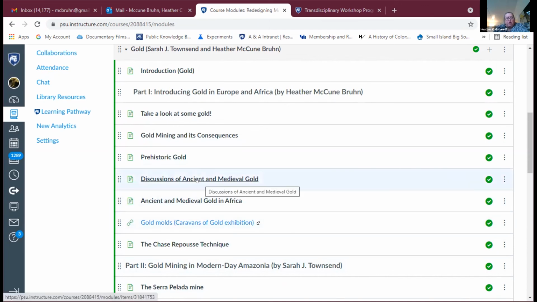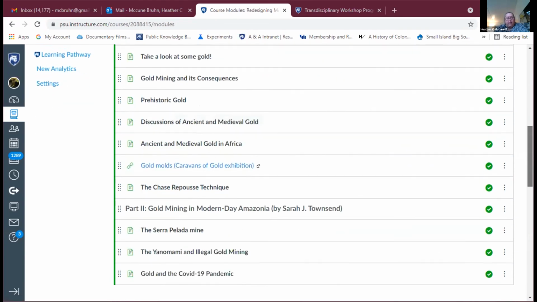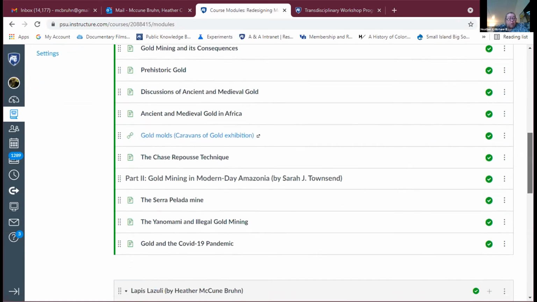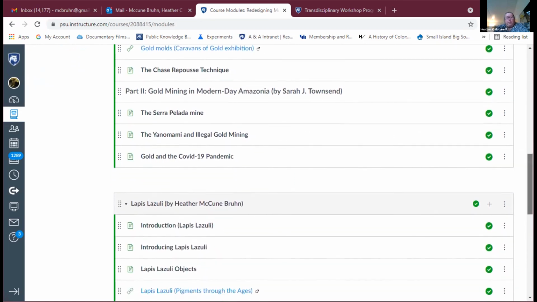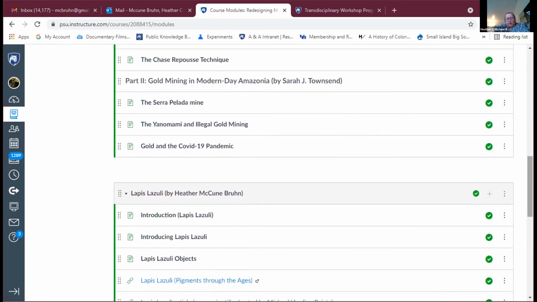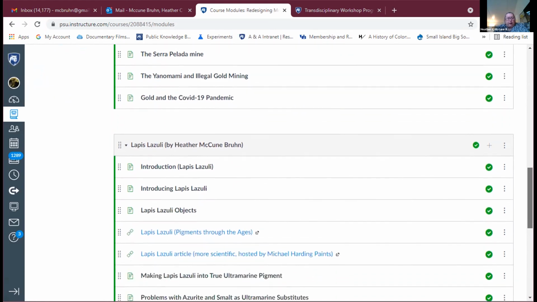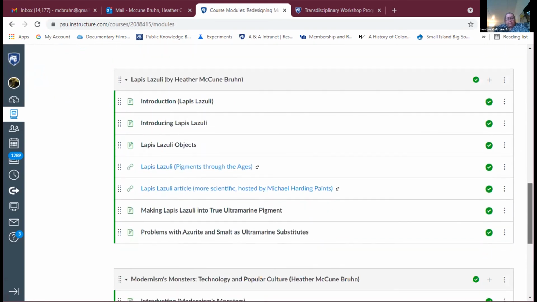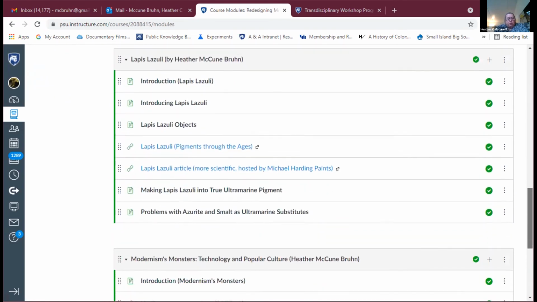There's discussions of ancient and medieval gold with early writers pointing out the difficulties of dealing with gold and the dangers of mining. And then Sarah Jo is particularly involved in research in the Amazon. And so she was looking at the consequences of gold mining there on the environment. Here's the unit on lapis lazuli.